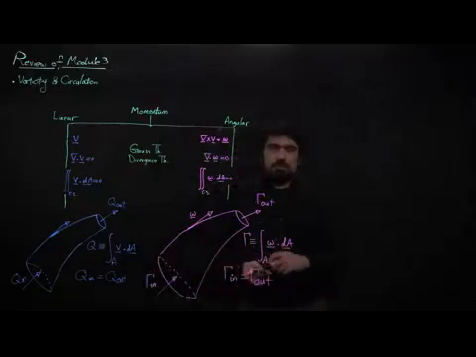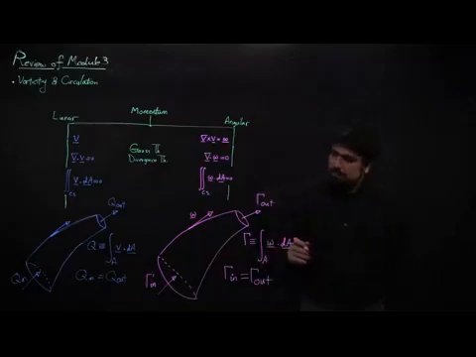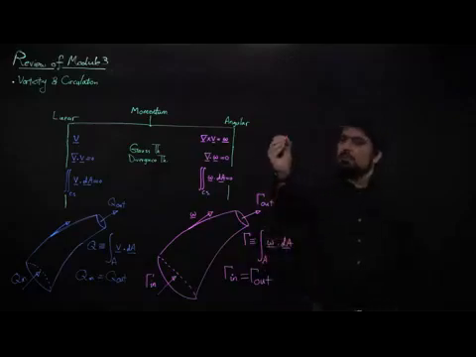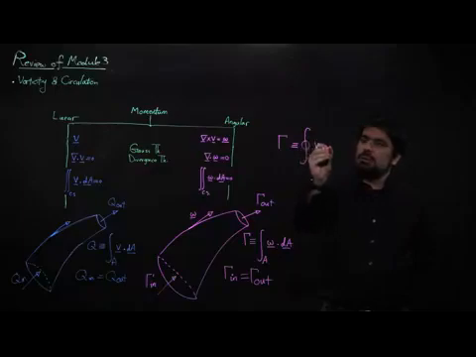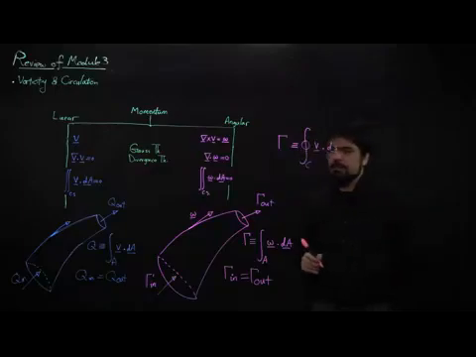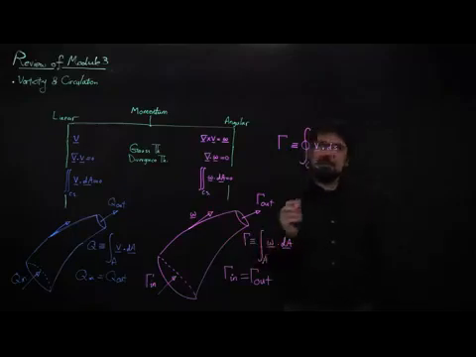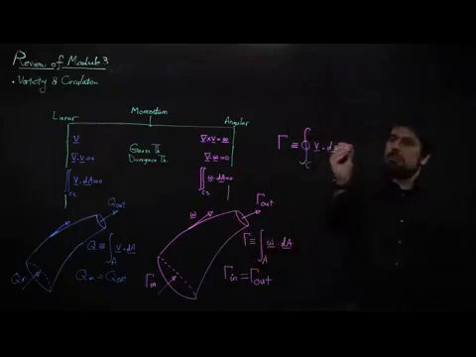This fact can also be rewritten in a different way for vorticity, because by definition, circulation is defined as the integral of velocity dotted to ds over a closed curve C. And it is the Stokes theorem that tells us that this is equivalent.